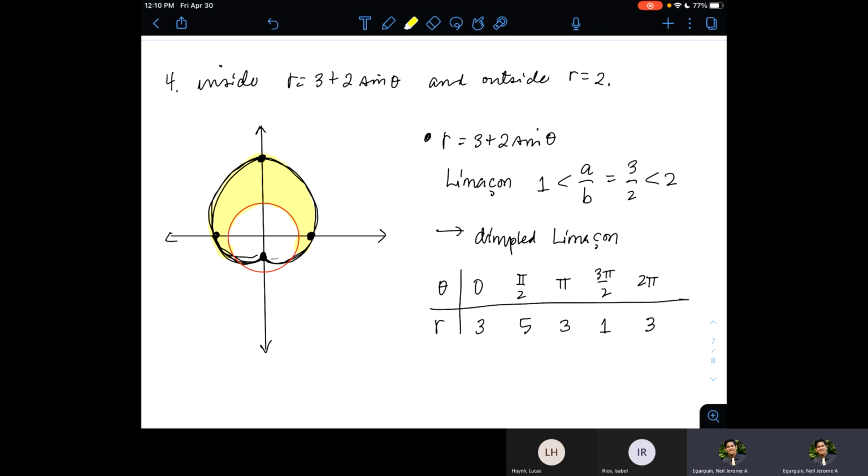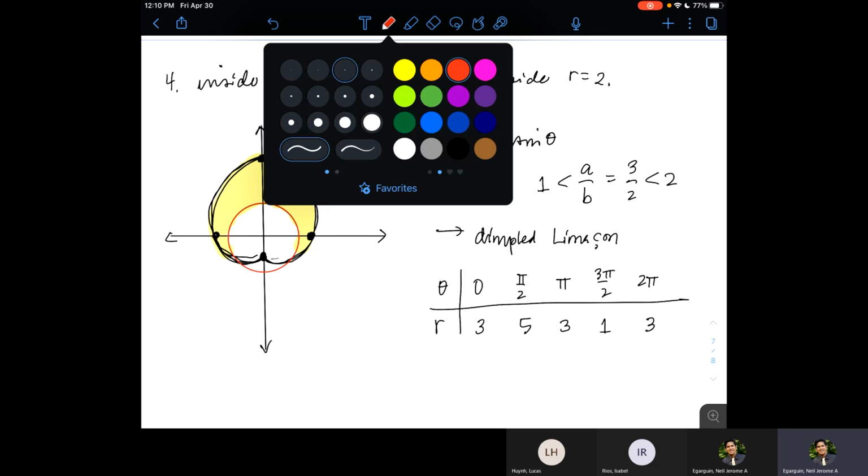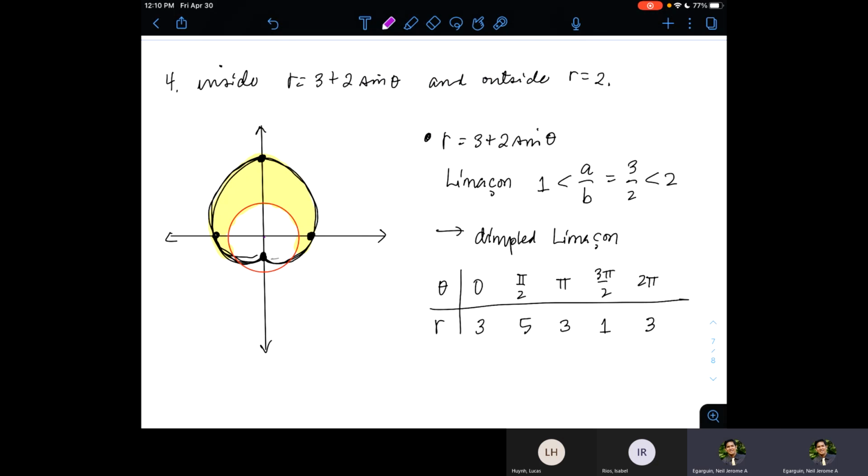Okay. Now, what are the theta values that will be spanned by this region? Well, the first theta value will be here, because the region starts here at their point of intersection, and the other one is here.